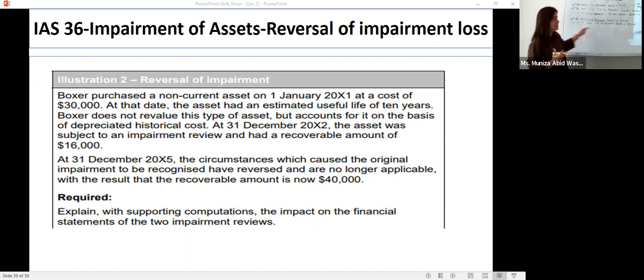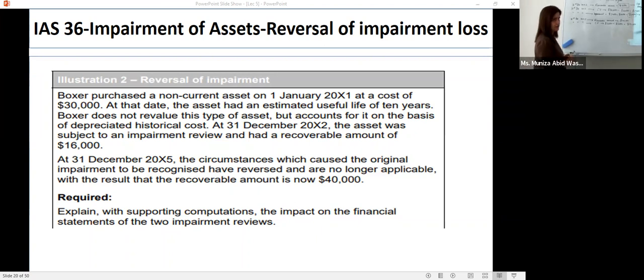And they are telling us that the original impairment has to be reversed. What has been the original impairment? This has been your original impairment. But we have learned a concept that all of the impairment could not be reversed. We are going to reverse only the amount up to the historical cost minus accumulated depreciation, not more than that. So now what we are going to do, this is very important from exam point of view.